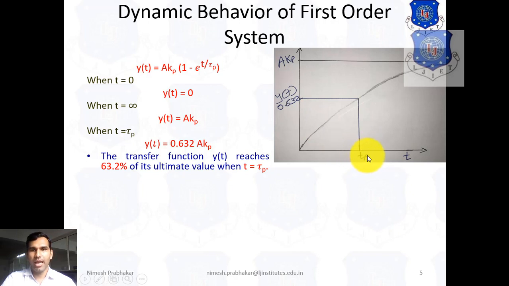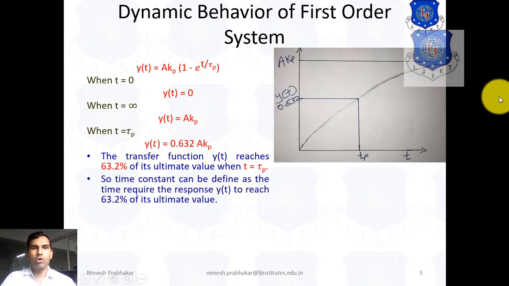That means at t equals tau p, y of t reaches the 0.632 value, which is nothing but 63.2 percent of this a kp value, the maximum value.